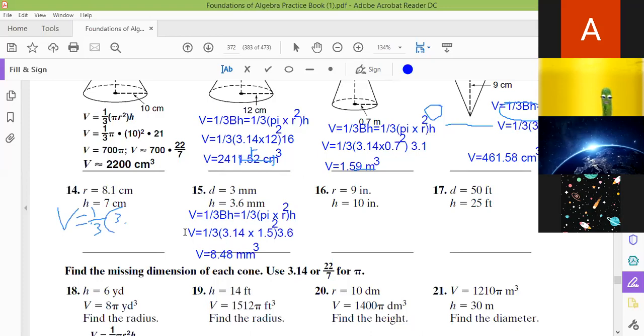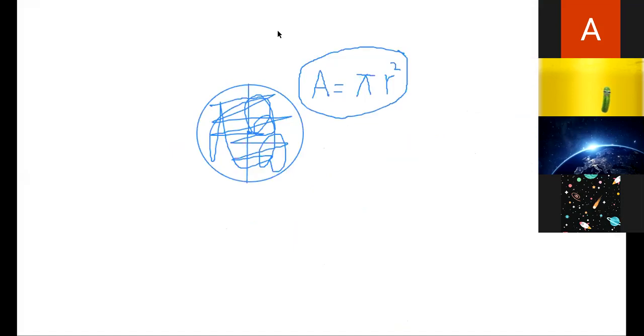Listen to me. We can do it in another way. I'm sharing with you a whiteboard. Okay, solve it there. R is 8.1. Wait, let me remove this one. Now solve here.